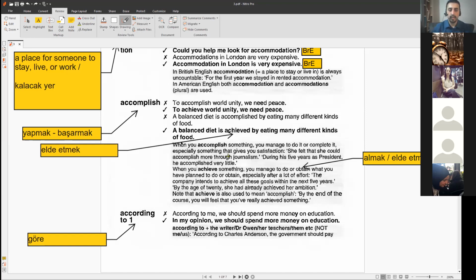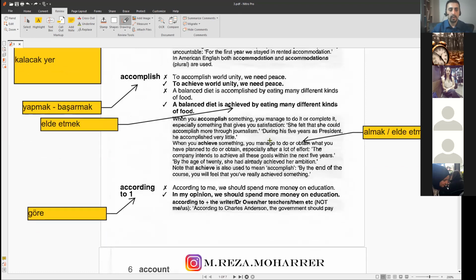The meaning of achieve in Turkish, as you see here, is elde etmek. So we don't need to mix these words, achieve and accomplish. What are the differences between achieve and accomplish? So one person, please read this part. I can. Yağmur, please.